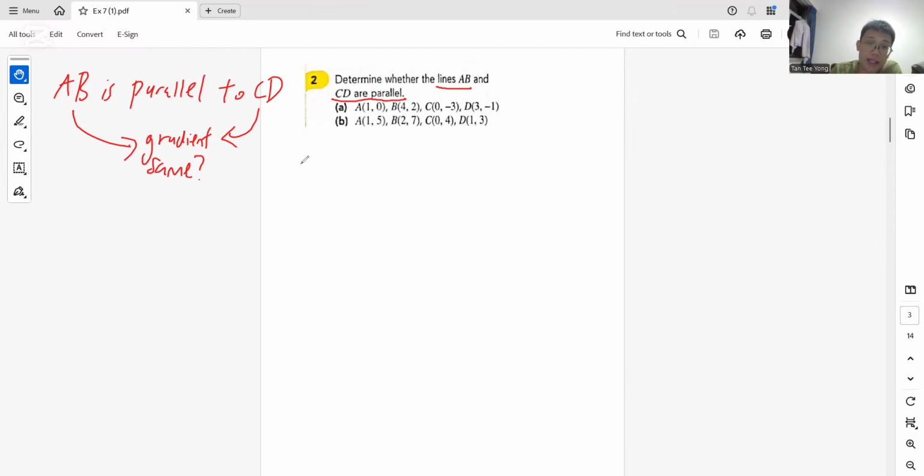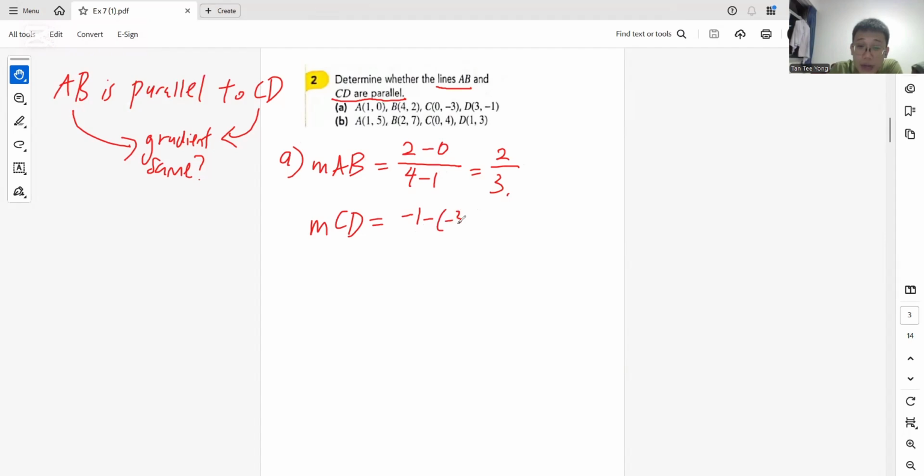For part A, the gradient of AB is equal to y1 minus y2 over x1 minus x2. So this is 2 over 3. As for the gradient of CD, it is the same thing: y1 minus y2 over x1 minus x2.